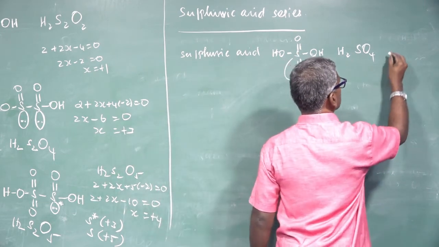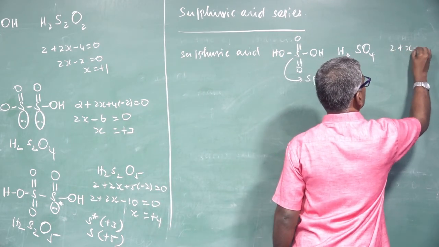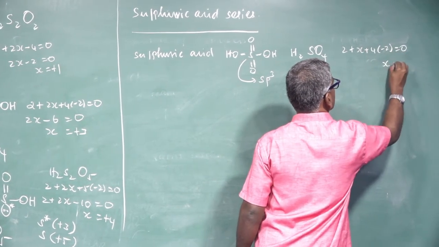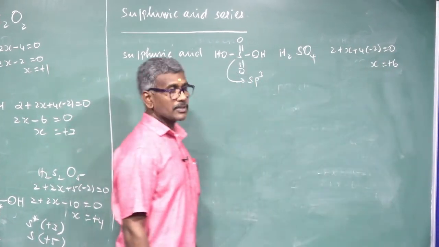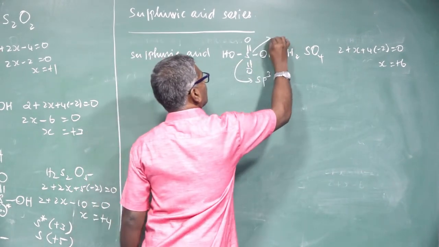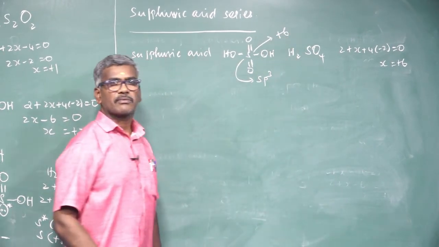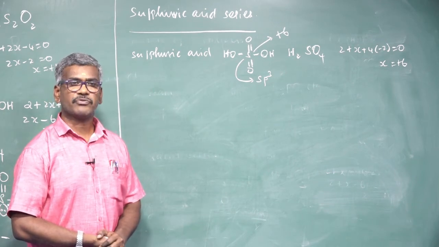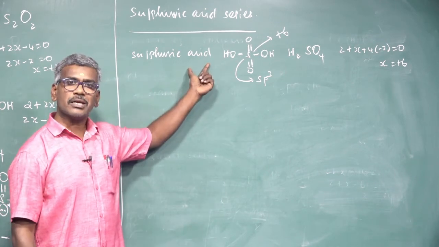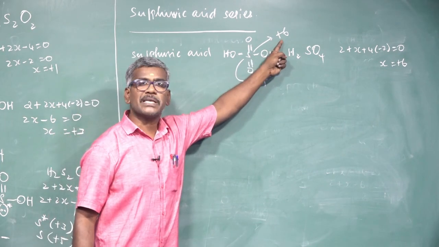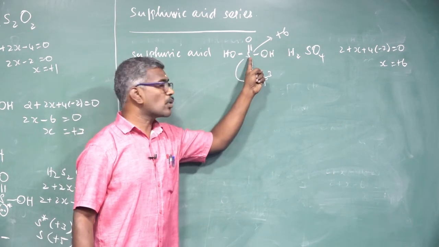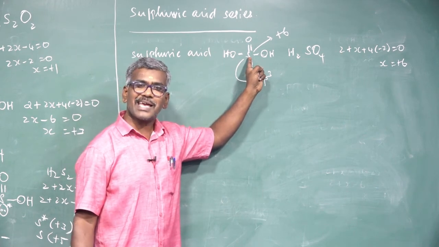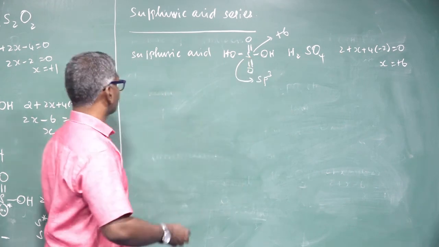How to find out the oxidation state? 2 + x - 8 = 0, x = +6. Among the various oxy acids of sulfur, sulfuric acid is very important. This sulfur exhibits +6 oxidation state. This one acts as a powerful oxidizing agent, drying agent, and dehydrating agent.